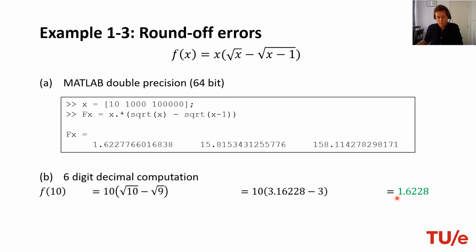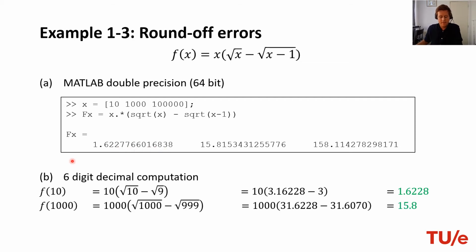And this is equal to, so here we round it to 6 significant digits for the square root of 10, which is obviously, we make some small rounding error here. But we see that in the end, if we compute this, this number is equal to the full precision number, but rounded to fewer digits. So that's fine.